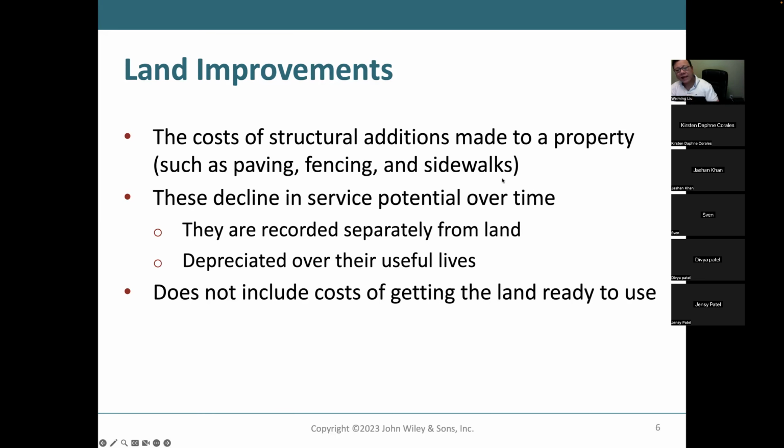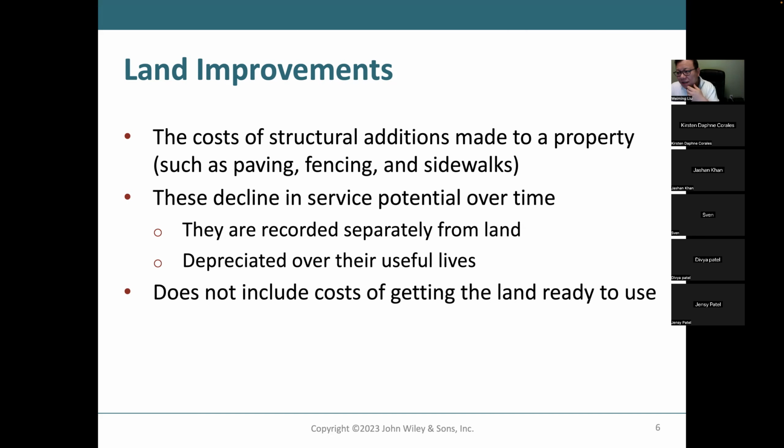Okay, so what is land improvement? Land improvement includes paving, fencing, sidewalks, driveway. These are things that try to increase the functionality of the land. You make it easier to access the land.